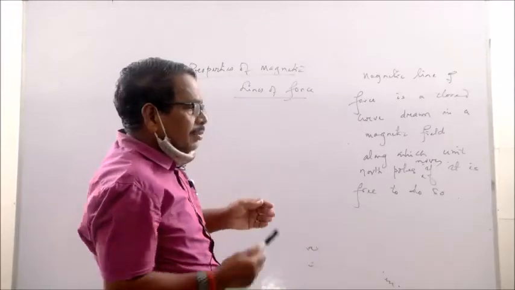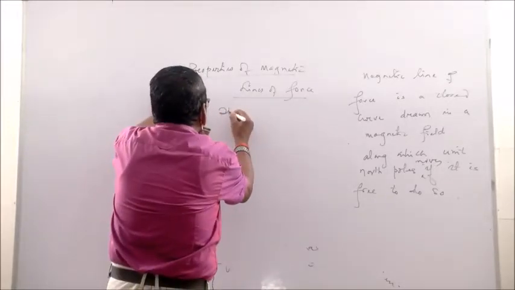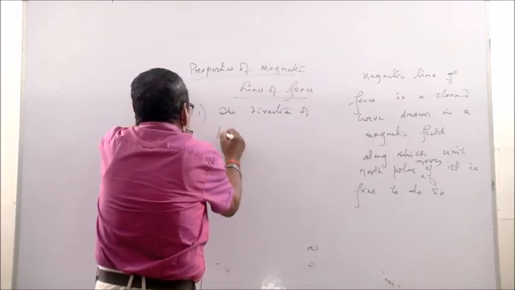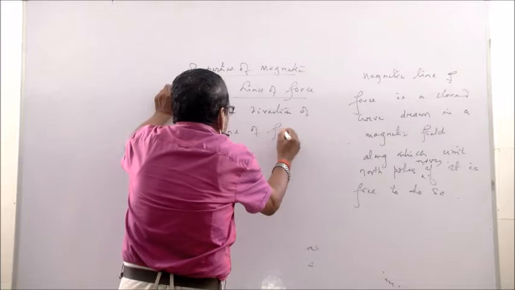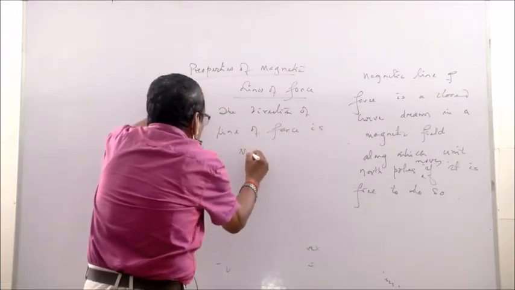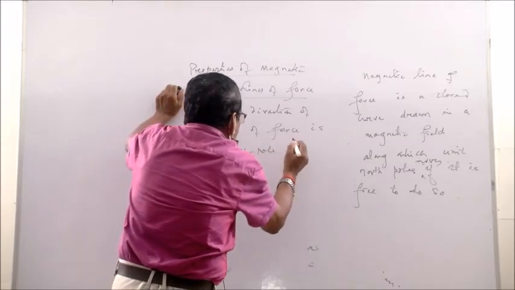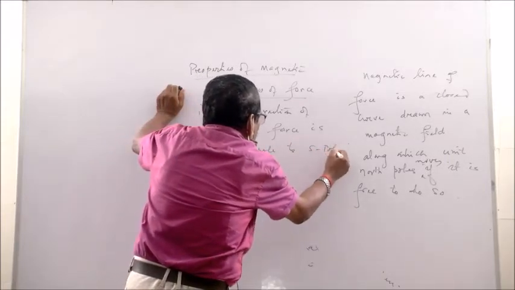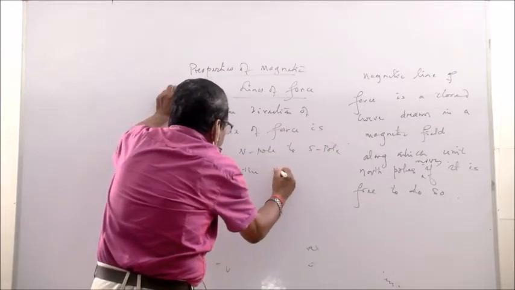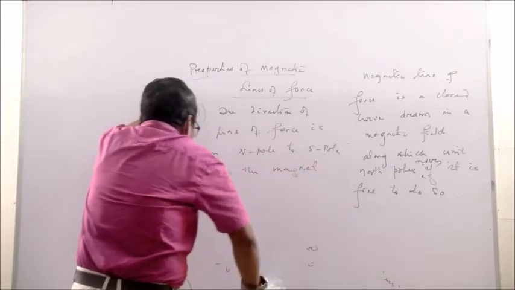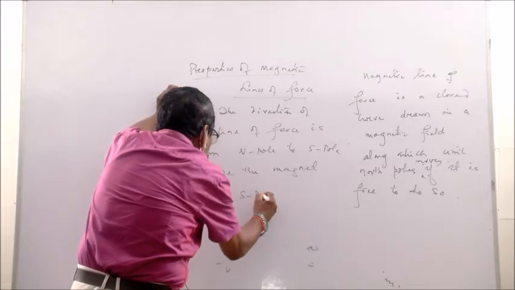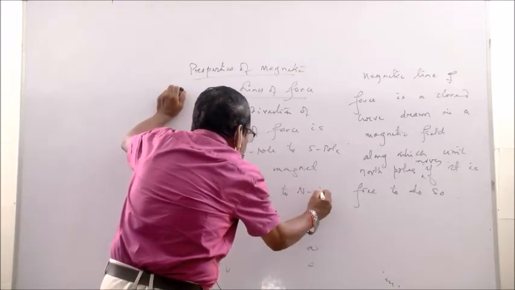So, what is its direction? The direction of the line of force is from north pole to south pole outside the magnet, and from south pole to north pole inside the magnet.